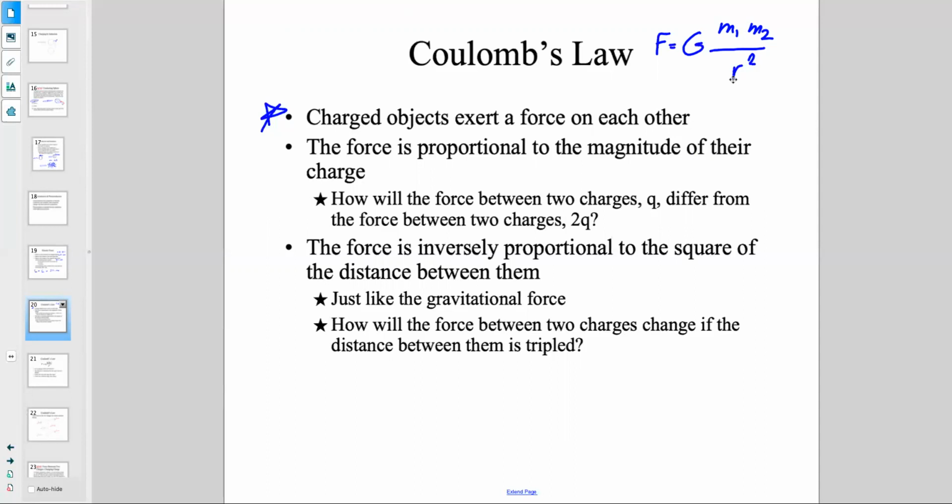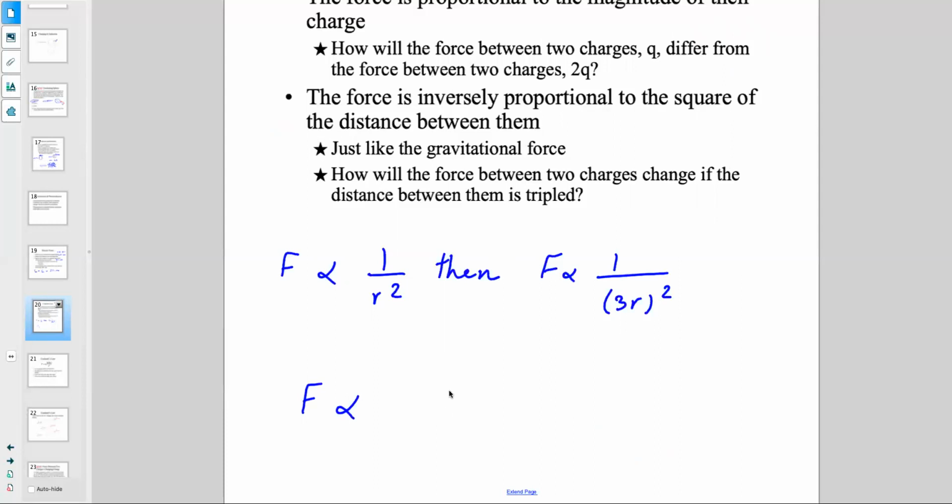So let's take a look at this. How will the force between two charges change if the distance between them triples? In other words, if I have the force being proportional to 1 over r squared, then if you triple the distance, you have 3r, so 3r squared, which means that F is proportional to 1 over 3 to the power of 2, which is 9, r squared. In other words, compared to before, it is 1 over 9 times as big.